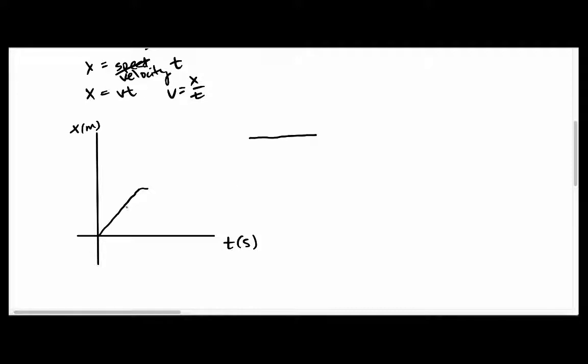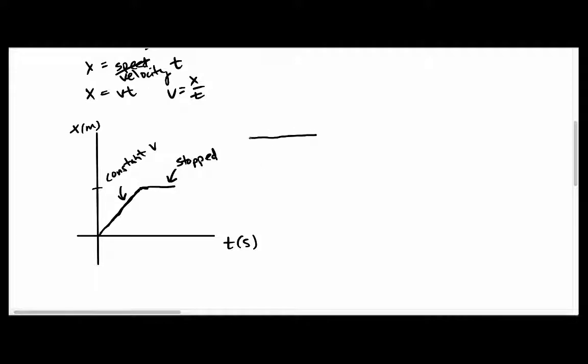So your car is moving, moving, moving, and then your position no longer changes, but your time continues to move. Okay, so this is a constant velocity. This is stopped. If you have a horizontal line on a position time graph, it does indicate that you've stopped.